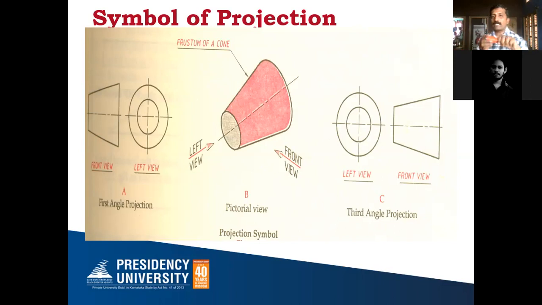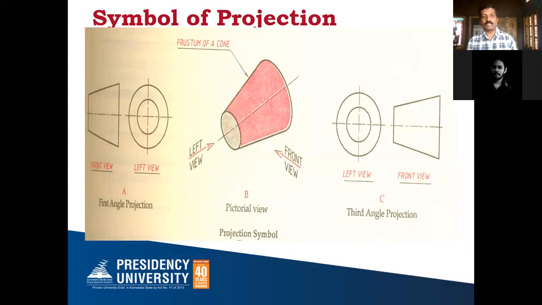Similarly, third angle projection, same object. The front view looks like a trapezium, and for the left view in the third quadrant, the third angle projection system, since it is transparent, the left view is going to be obtained on the left profile plane only. That means you will get the left view on the left side of your front view. Then you can identify it is the third angle projection system.